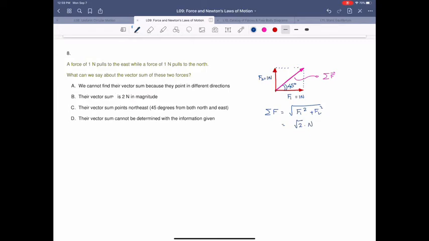And like I said, the angle is going to be a 45-degree angle. So the choice here is the vector sum points northeast, 45 degrees both north and east. That's going to be your answer to that question.